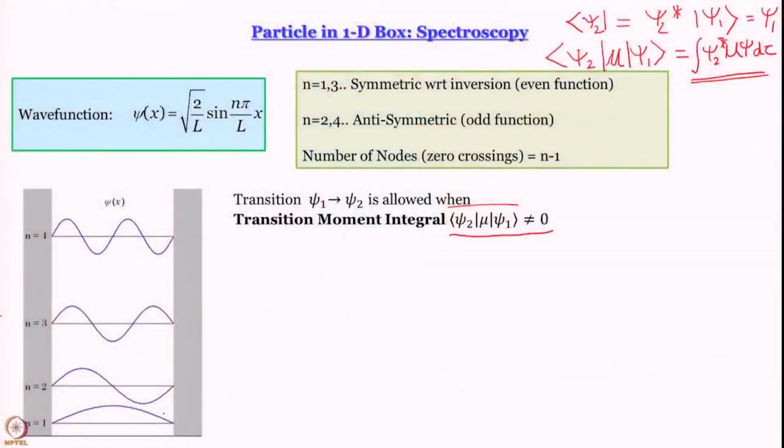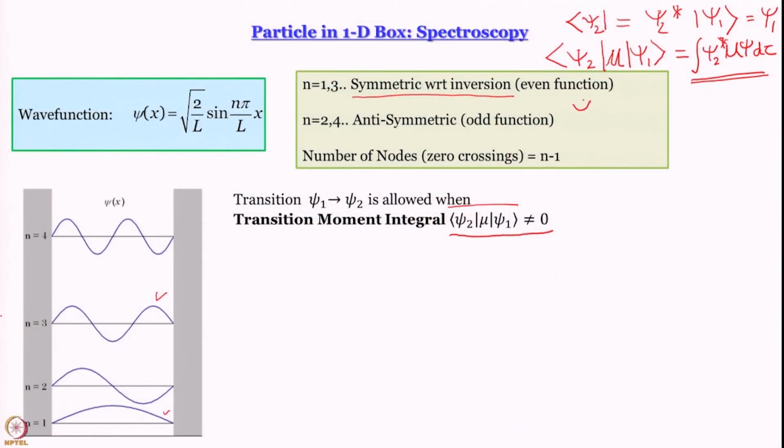To do that, let us first recognize that all these wave functions where n is odd, n equal to 1, n equal to 3, are symmetric with respect to inversion. What is the meaning of symmetric with respect to inversion?